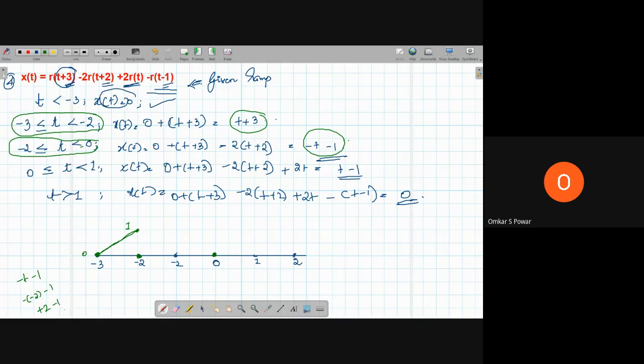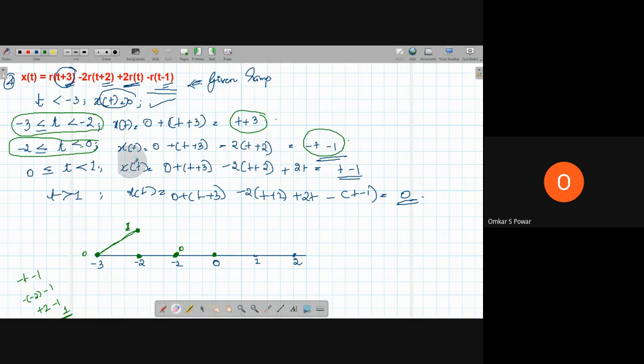Plus 2 minus 1, which is equal to 1. So this value is the same. But at 0, how does it vary, minus 2 to 0? The middle thing that comes is minus 1, so minus t minus 1, so minus 1 minus 1... so 1 minus 1, so 0. So this value will be 0. This value is 1, and this value is 0.